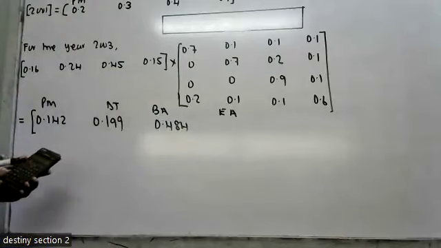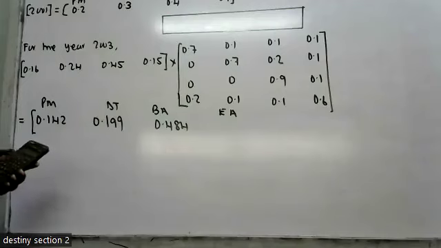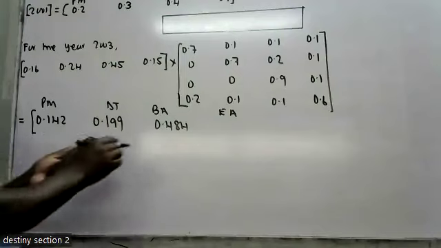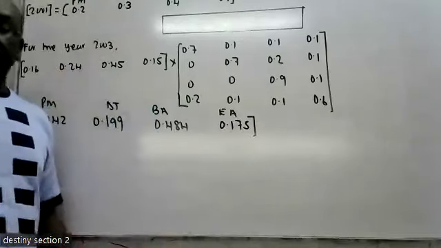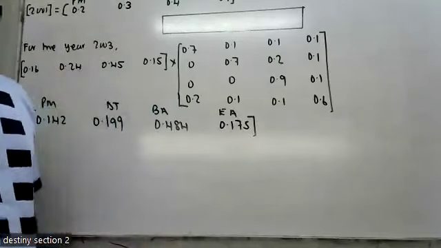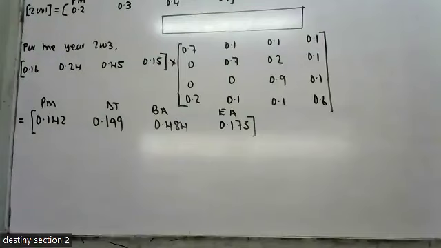I'll say 1 minus 0.142 minus 0.199 minus 0.484. I'm getting 0.175. So the last one, we always prefer to subtract so that we are able to get the total equal to 1. So those are the shares of the year 2003.